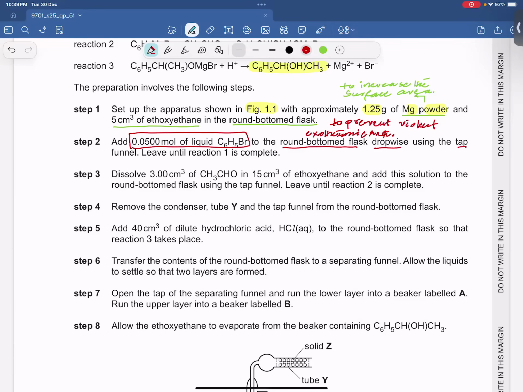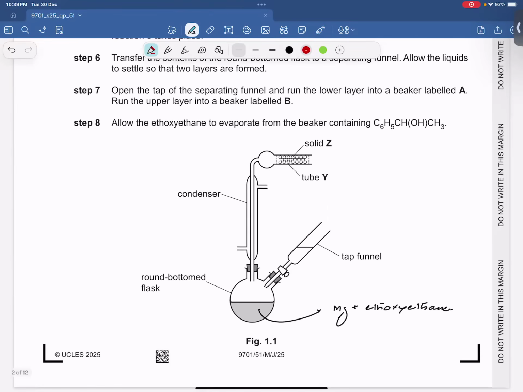Using a tap funnel, leave until reaction 1 is complete.